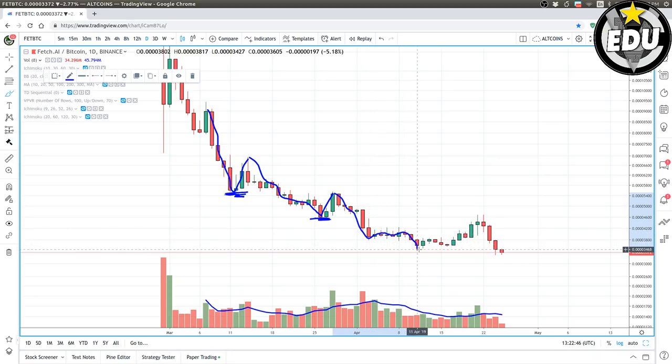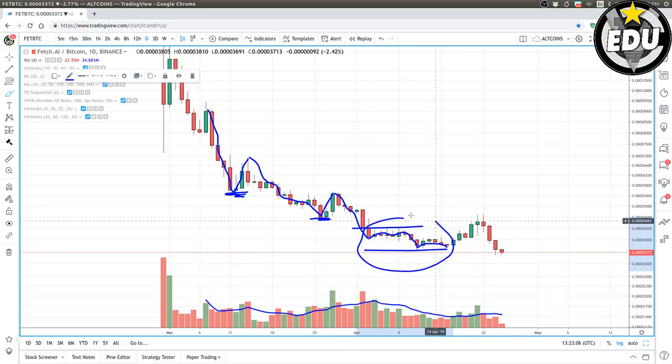Here it dropped again and didn't bounce that strong, and that's what I was looking at: this area where it was not dumping too much but was going sideways, almost a little drop. That's the area I wanted to focus on to look for a possible reversal or some sign of a stronger bounce.